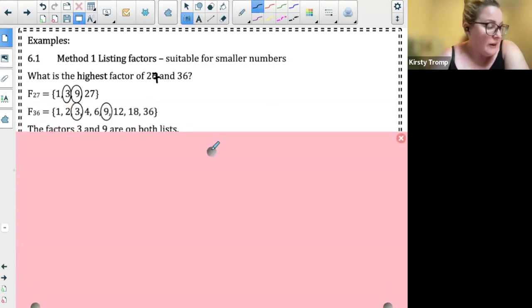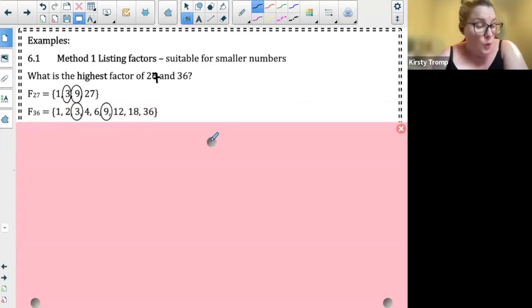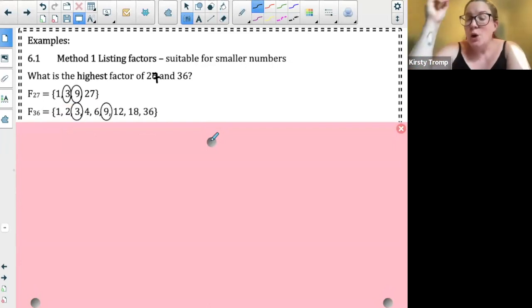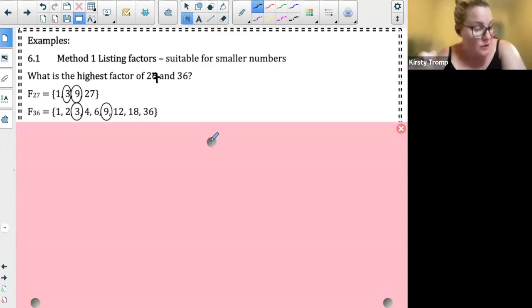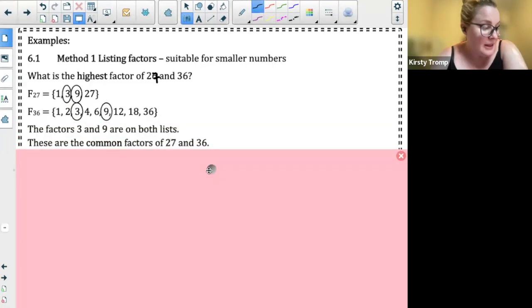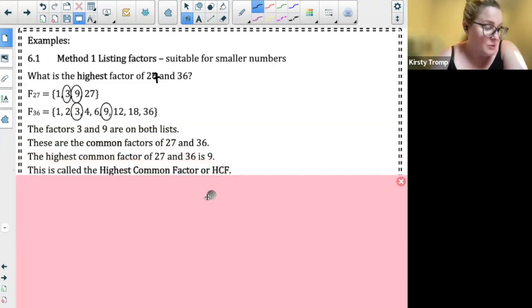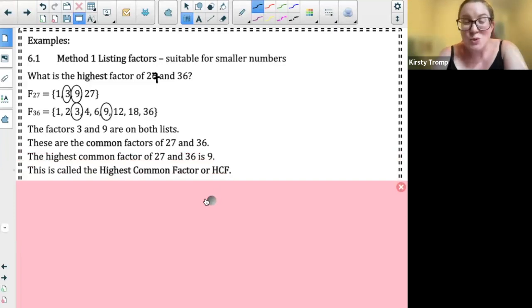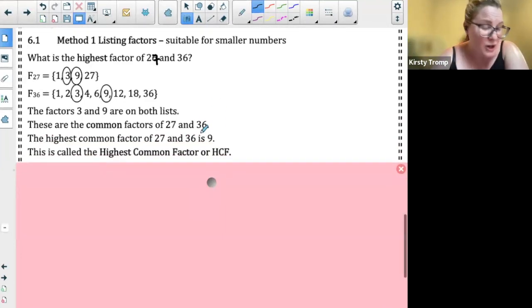We list the factors of 36. 1, 2, 3, 4, 6, 9, 12, 18, and 36. Ring which ones are your common factors. The highest factor between those two numbers is clearly number 9. So that's one way to get the highest common factor, but not super effective. It's also time consuming, takes quite a long time.